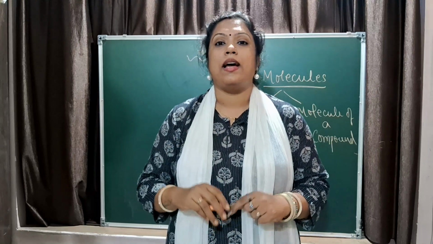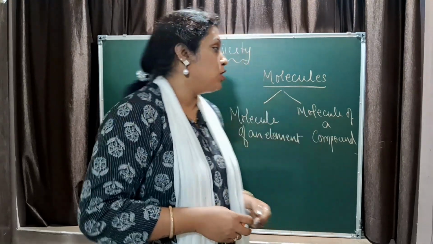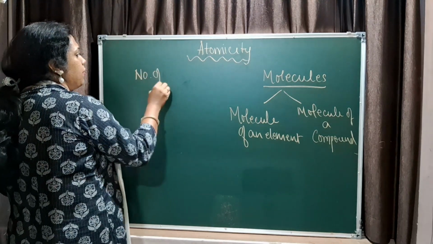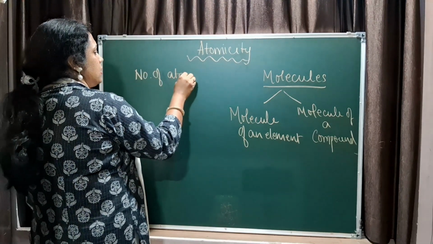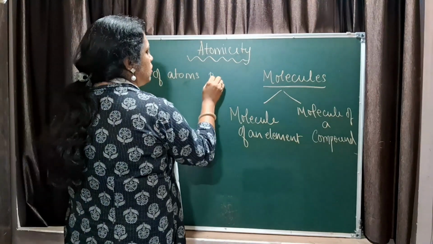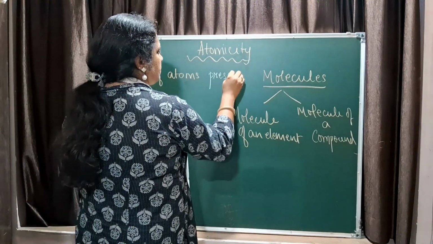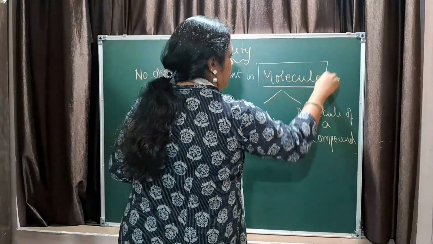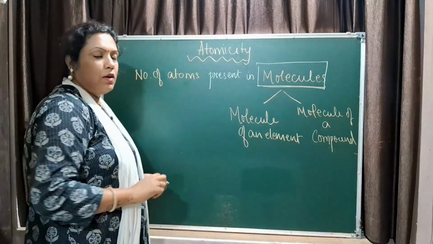So let us understand what is atomicity. Atomicity is basically the number of atoms present in a molecule, right?